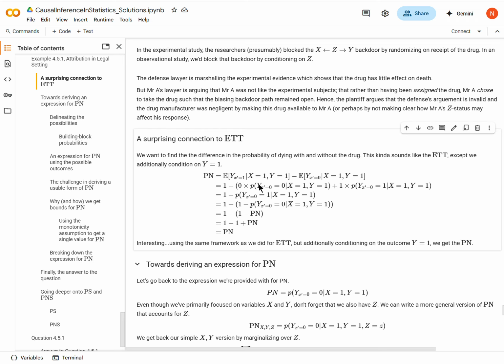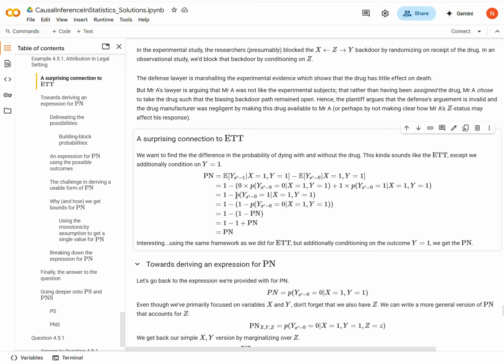So they don't die here, and then they do die here. Then we carry all of this down. So now we're on this line right here. This drops out because we're multiplying 0 by all of this. So we're just left with 1 times this, which is just this. Hopefully you see how that's working.